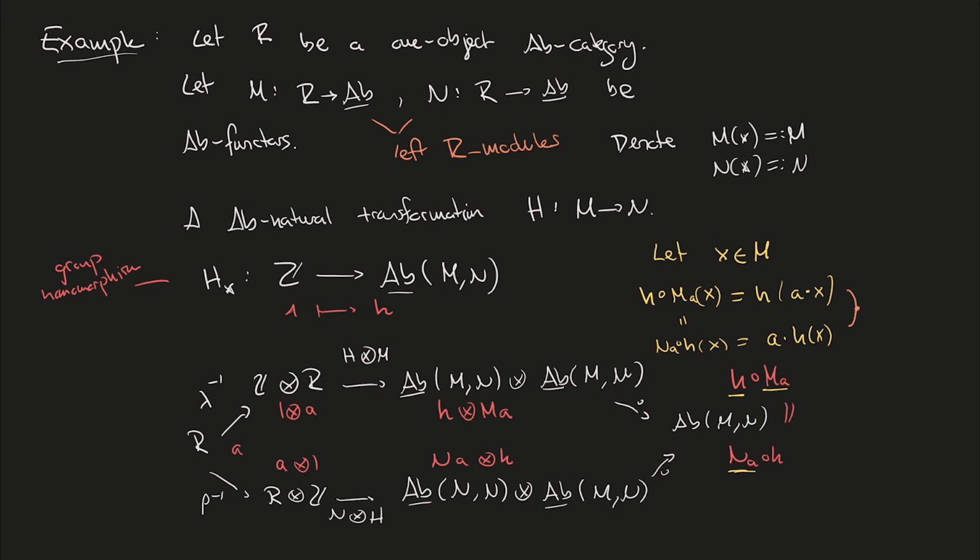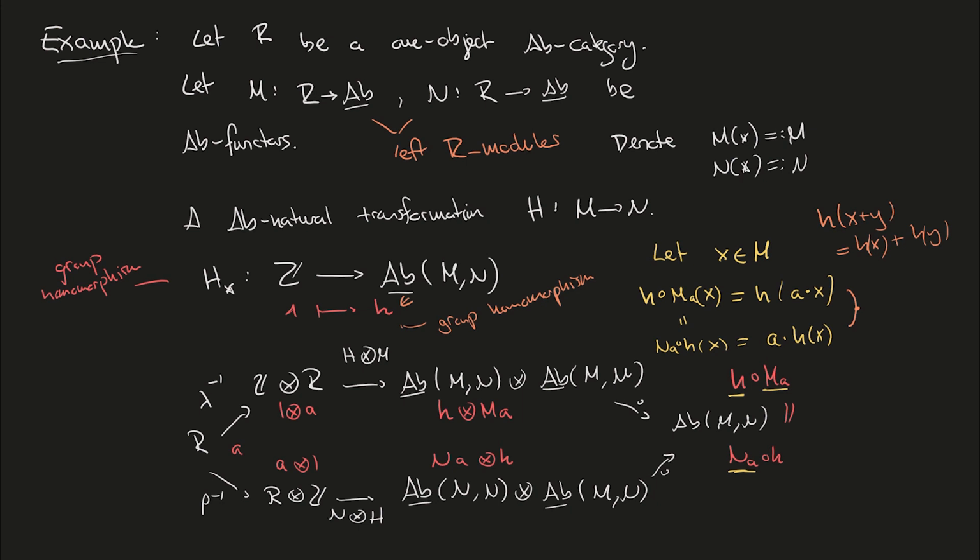This is just this condition that we wrote down, compatibility with the scalar multiplication with elements of R, and the fact that h is an element of the Hom set between M and N in the category of abelian groups means that h itself is also a group homomorphism. And so, in fact, we also have that h of X plus Y is equal to h of X plus h of Y, completing the requirements for an R-module homomorphism.